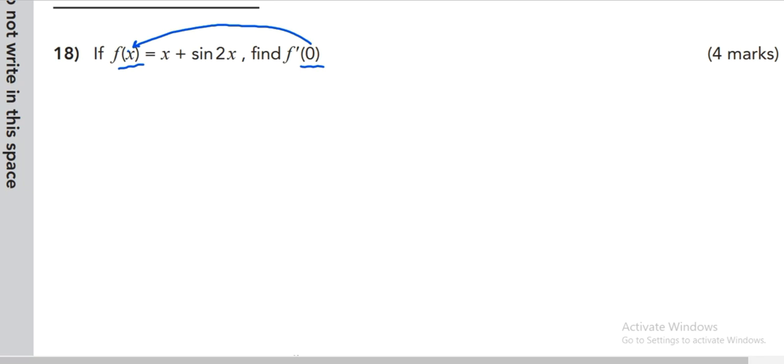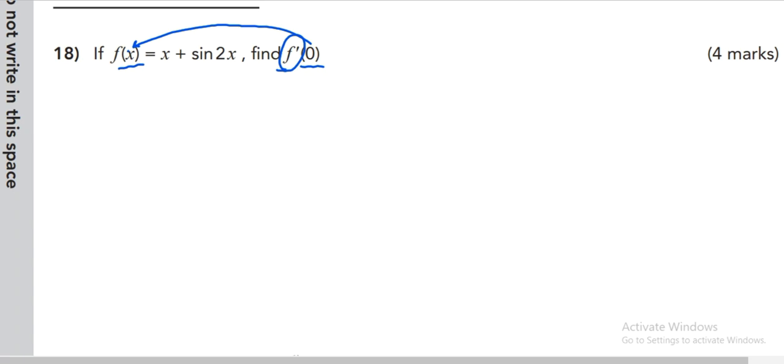Here we have to pay attention to this part. We'll put 0 in the place of x in the expression of f dash, the first derivative. So this question simply means we have to put this value in the place of x in an expression and calculate. But which expression?